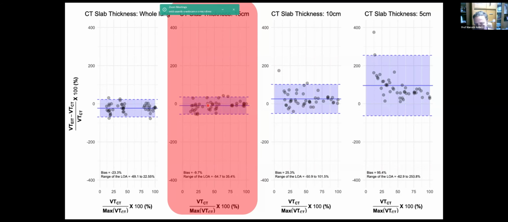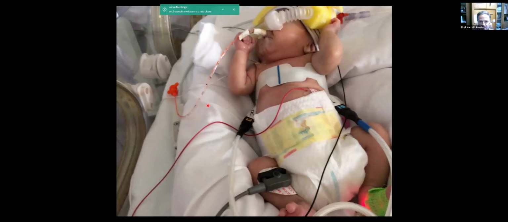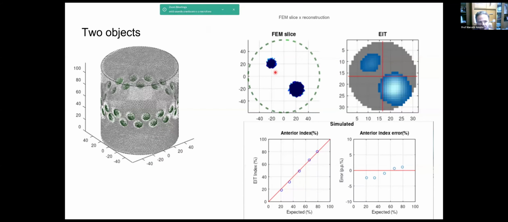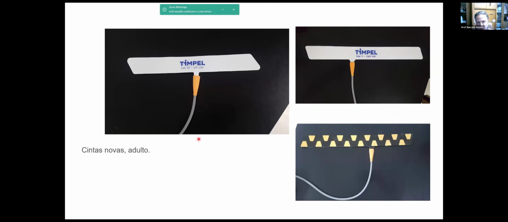So you can consider that whenever we see an EIT image, we are observing a slice thickness of about 15 centimeters. This is not 100% precise, because, for instance, if you have a small baby, the belt is almost covering the entire lung. Or if you have different models, or if you put your electrodes in different positions.